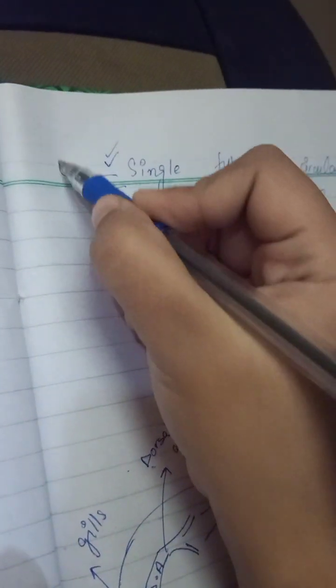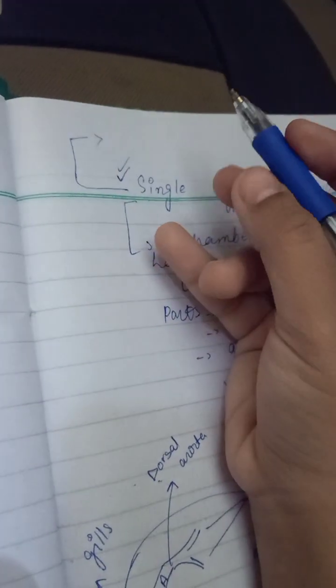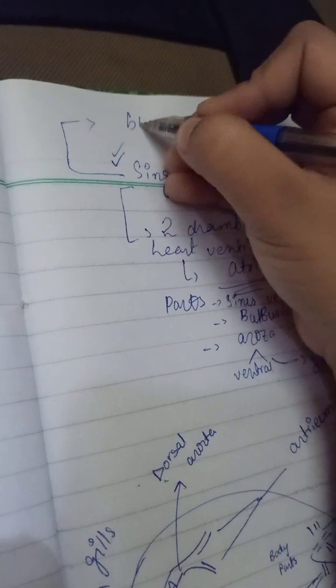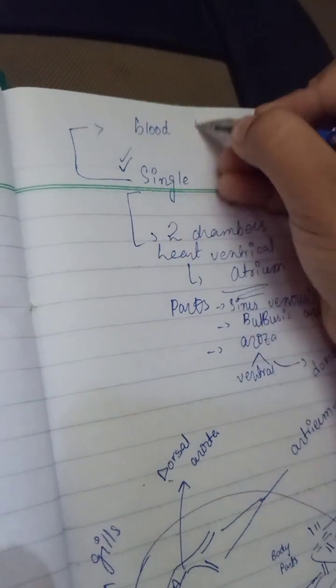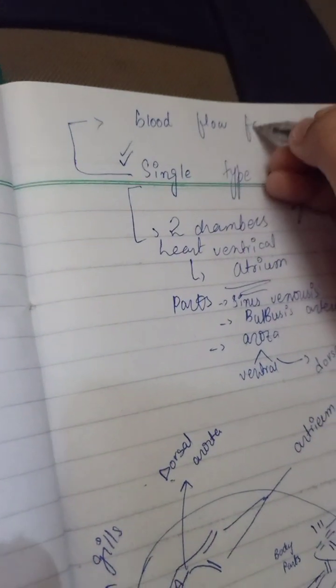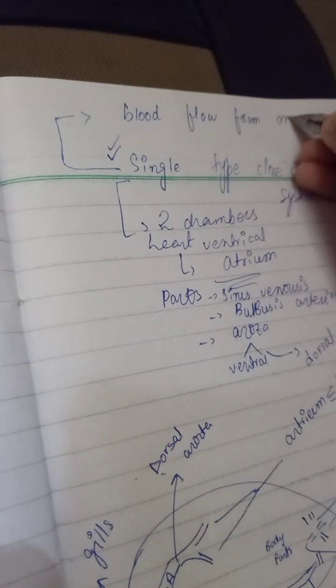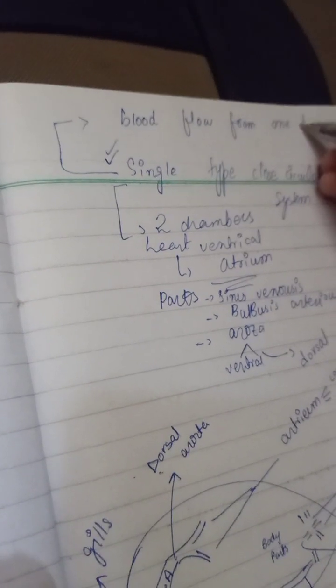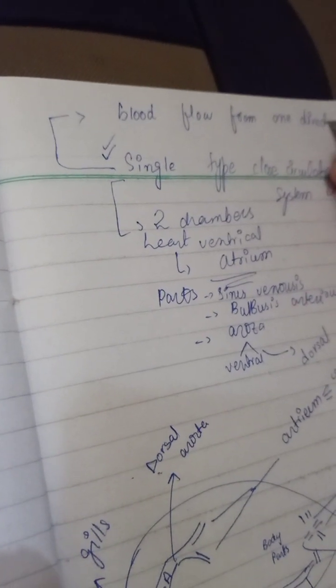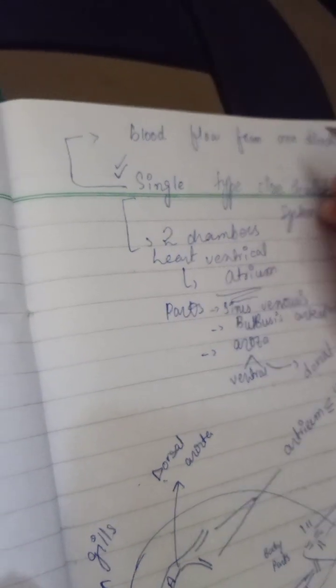So what does it mean by the single type circulatory system? It means that blood flows in one direction, unidirectional.